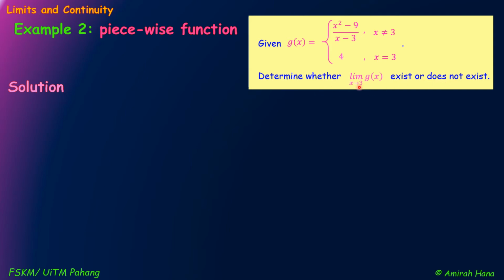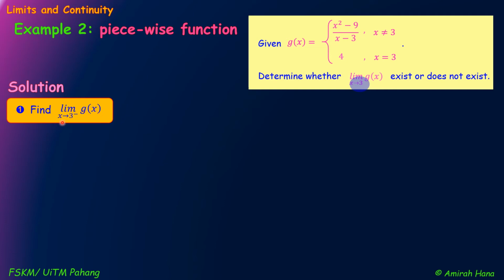From here we have the limit as x approaches 3 of g(x). To determine whether the limit exists or does not exist, there are 4 steps. Step 1: find the limit as x approaches 3 from the left of g(x). We use g(x) here because the given function is g(x). If the given function is f(x), we need to use the f(x) symbol here.